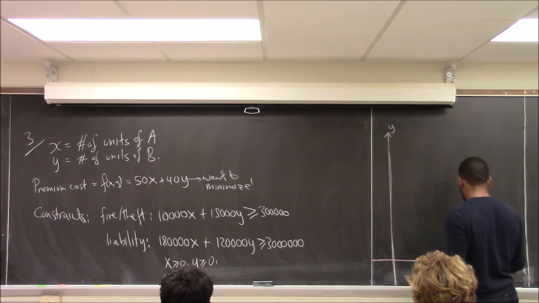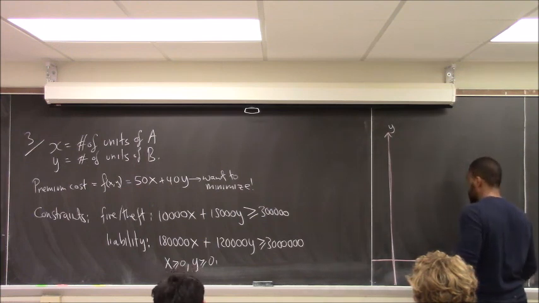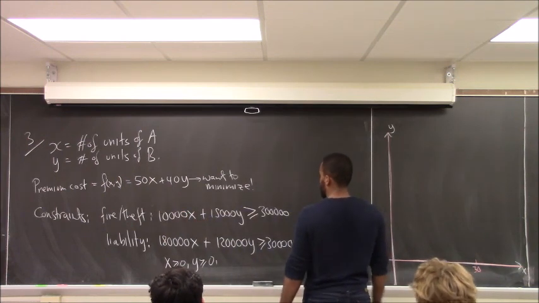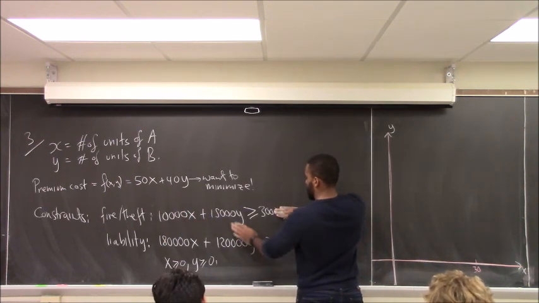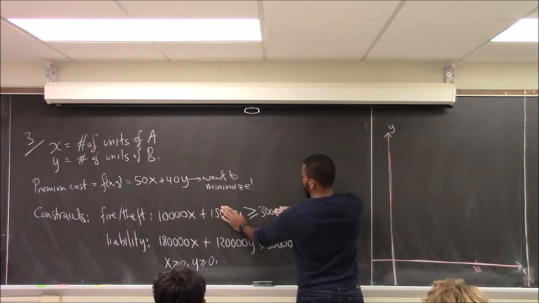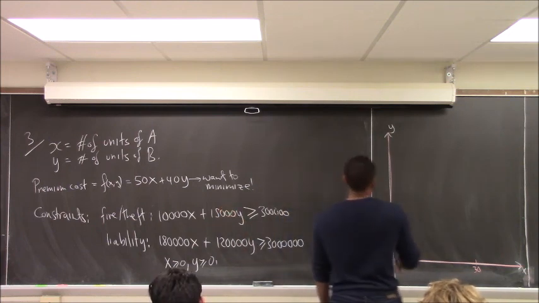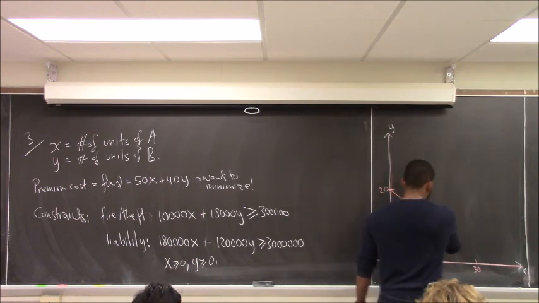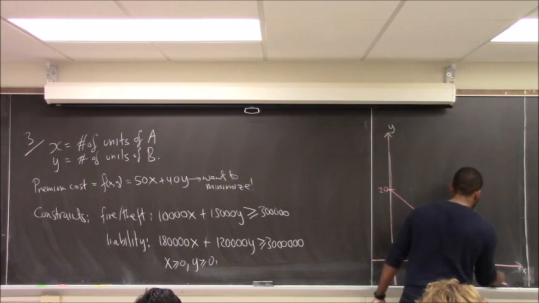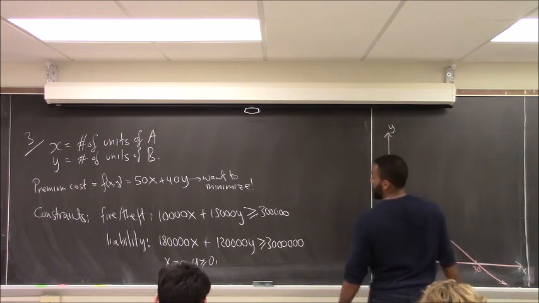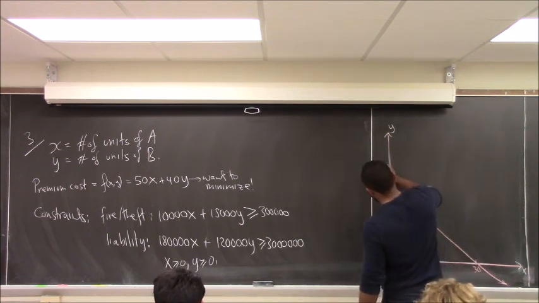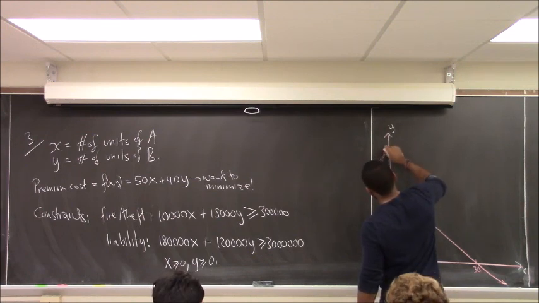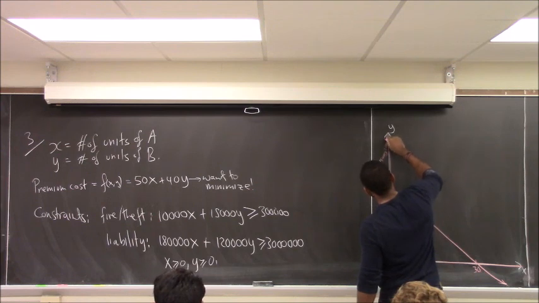It's going to be 30. If I plug in x equals 0 to solve for y, dividing through by the thousands, 15 into 30 is going to be 20. So that's the 10,000x plus 15,000y equals 300,000.